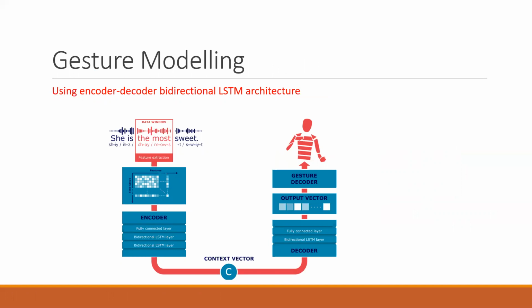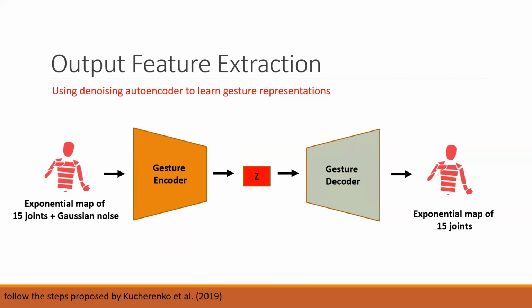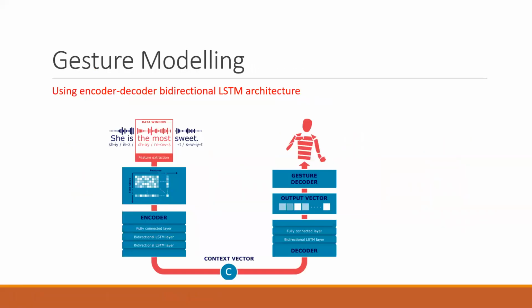We encode everything into a context vector, and then we decode the output from the context vector. We pass the output vector to the gesture decoder that comes from the denoising autoencoder part, and then finally we can bring the motion back.